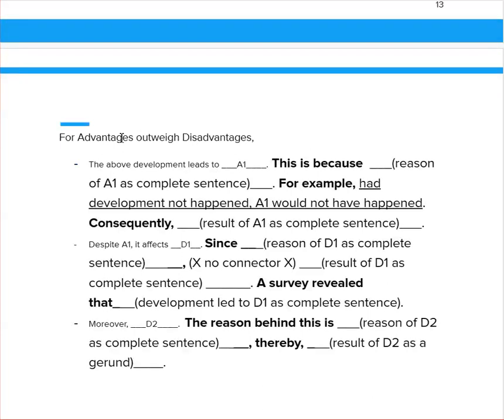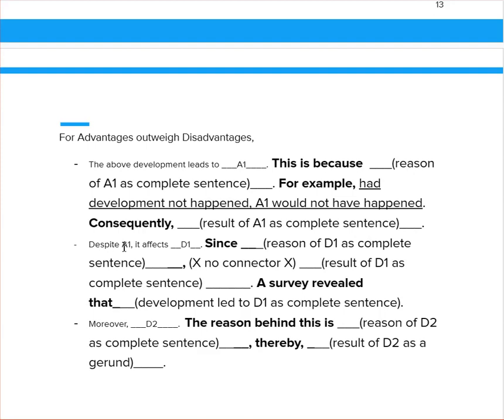For advantages outweigh disadvantages: The above development leads to A1. This is because of a reason of A1 as a complete sentence. For example, had the development not happened, A1 would not have happened. Consequently, the result of A1 as a complete sentence. Second, how to write the second sentence.